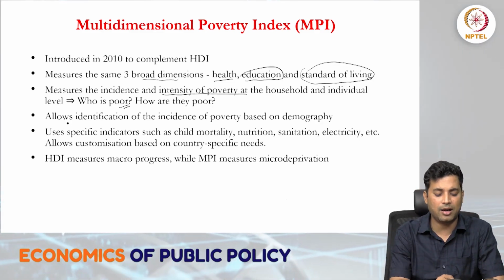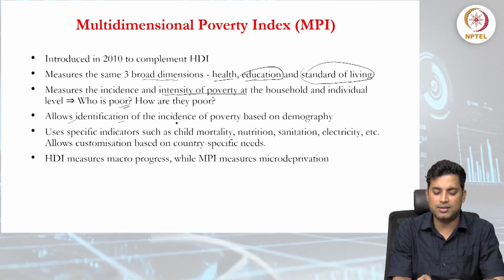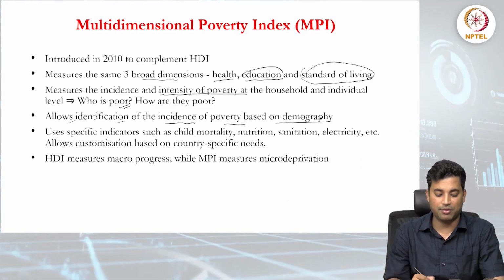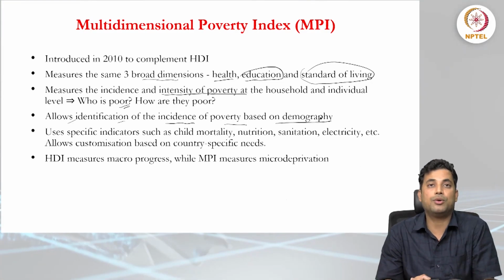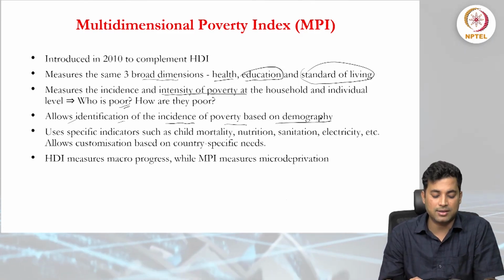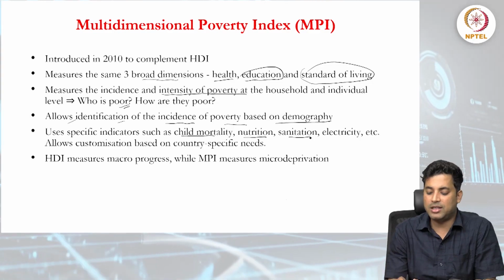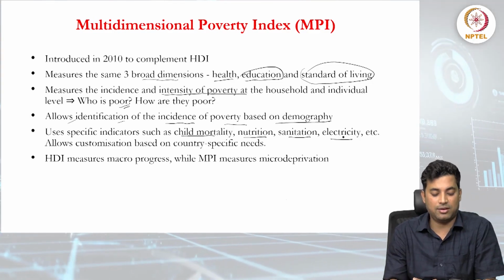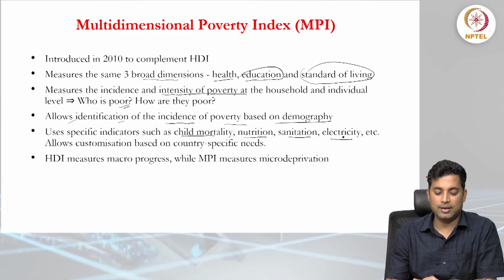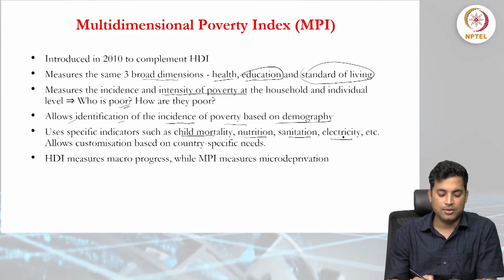MPI allows identification of the incidence of poverty based on demography, and it also considers indicators such as child mortality, nutrition, sanitation, electricity at the household, and others.